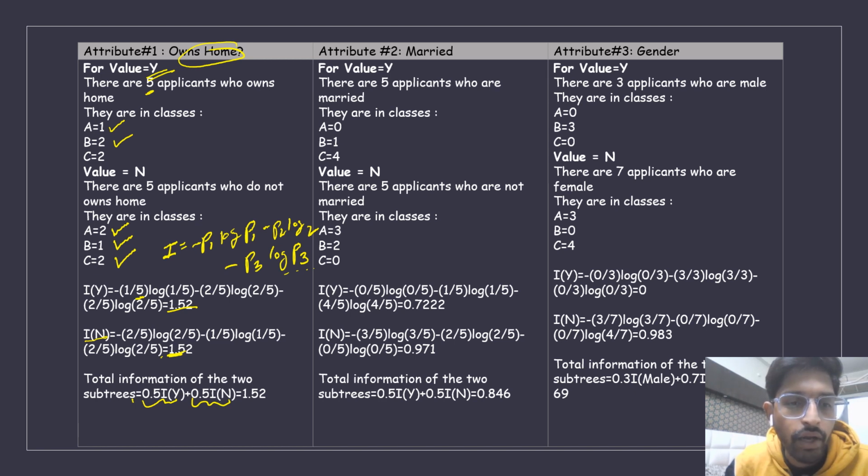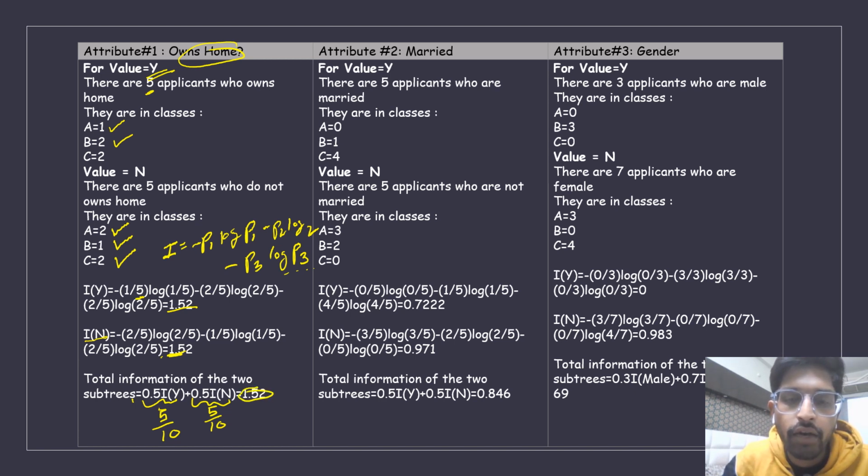The number of values in y is 5 and in n is also 5, so it's 5 by 10 and 5 by 10 each. So it's 0.5 I of y plus 0.5 I of n, which comes out to be 1.52.